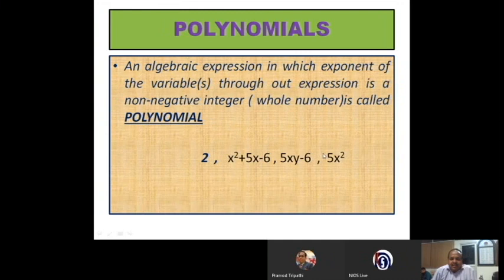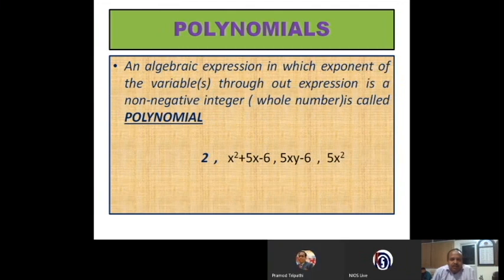In the last example, 5x square, the exponent of the variable x is 2 here, which is also a whole number. So we have seen this in the four examples. So when will an algebraic expression be a polynomial? When the exponent of the variable throughout the expression must be a whole number.